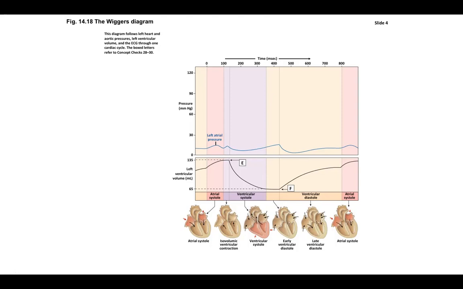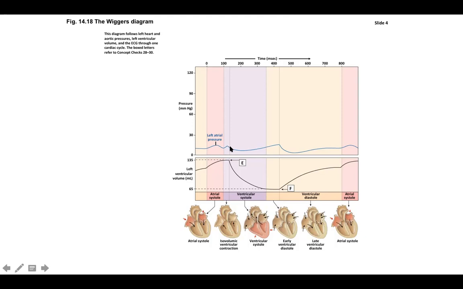So you have the atrioventricular valve closed, and as the pressure increases within the ventricle because it's contracting, you get a small increase in the pressure in the atrium. This is due to a couple of things. The blood is still entering the atrium, but also that pressure on the valve kind of goes in a little bit backwards, and it increases the pressure within the atrium.